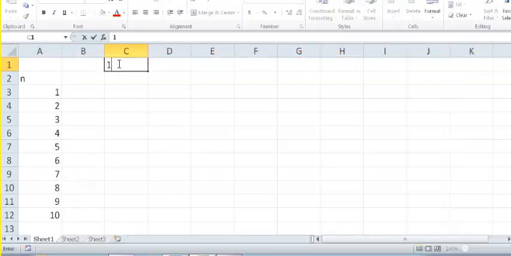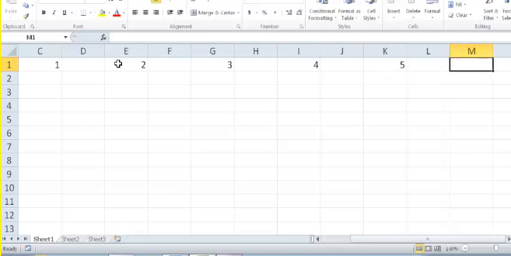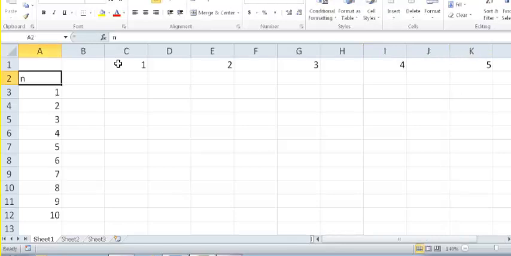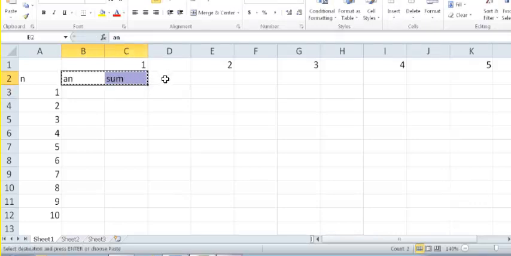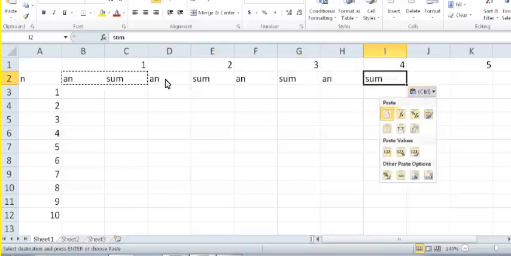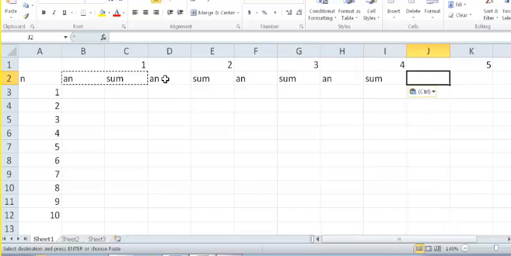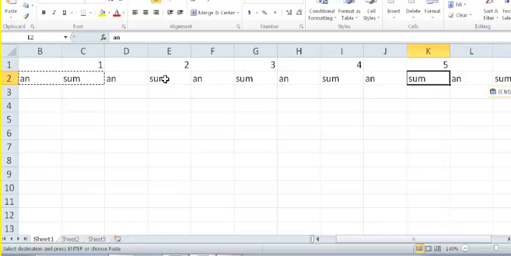So there'll be problem 1, problem 2, problem 3, problem 4, problem 5, problem 6. And then we have A sub n and the sum. So we'll copy these two. Just paste, Control C, Control V. Okay, we've got all the columns set up.